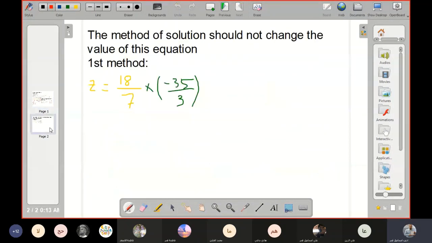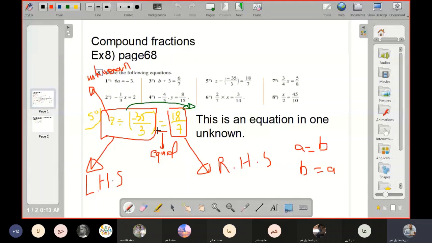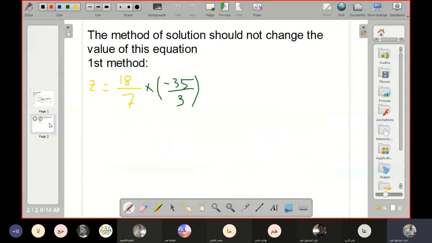So we continue now. I didn't change the value of the equation. I just took this fraction from this side, which was z over, to the other side. It becomes 18 over 7 times minus 35 over 3.